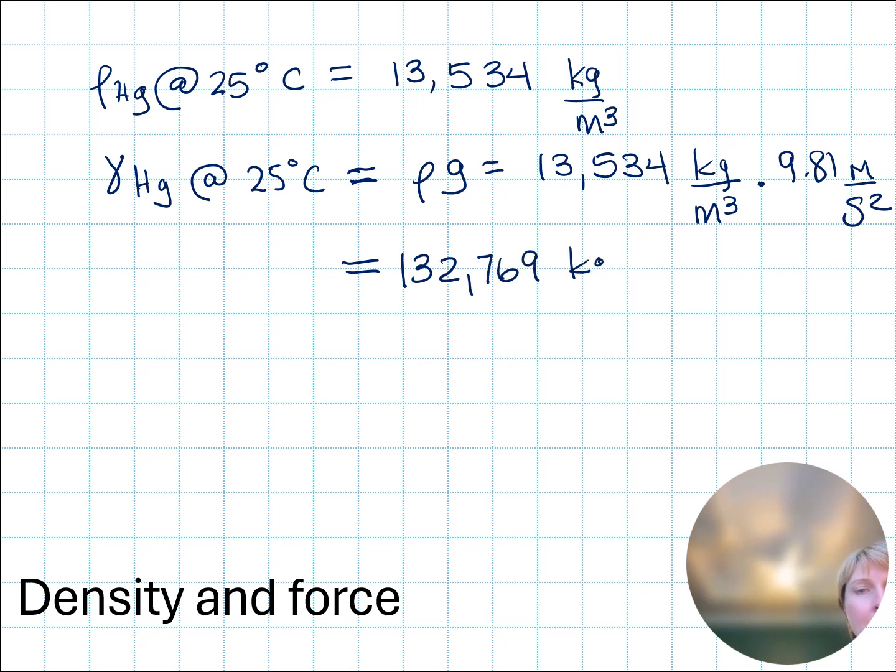And if I look at my units, I've got a kilogram multiplied by a meter per second squared, and of course, I've got my cubic meters in there.